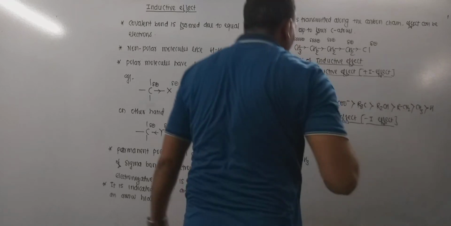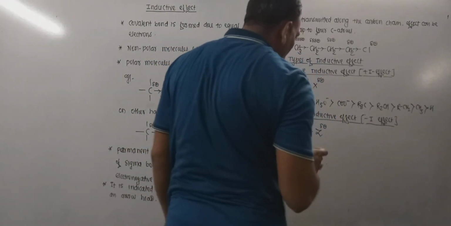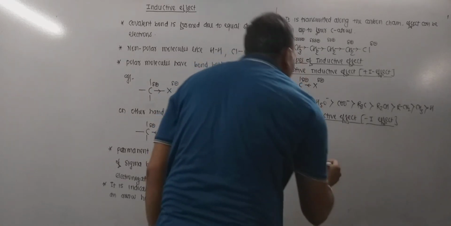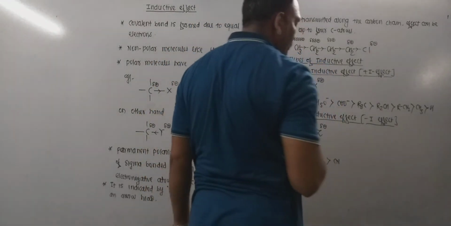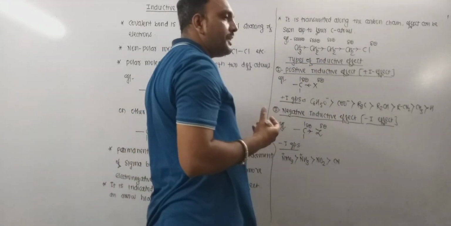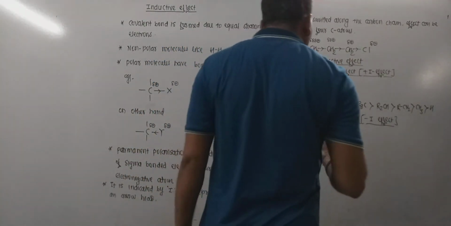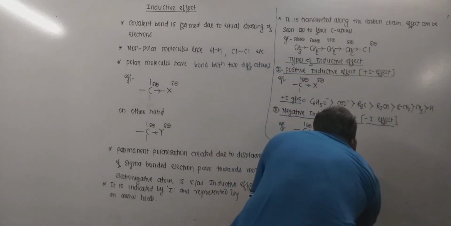This is a negative inductive effect causing group, so a minus I group. Another very important one is NO2. Next to NO2, CN. These are electron withdrawing groups, remember. So the ability of a group to withdraw electrons decides the magnitude of the inductive effect within that.